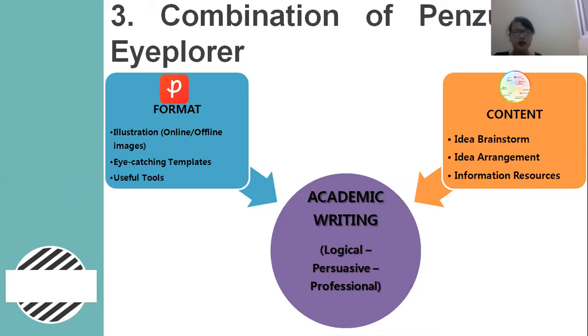While Penzu can take over the designing, iPlorer tends to concentrate on the content, the most important part in writing. Thanks to the relationships between the topics, users find it easier to brainstorm not only main ideas but also supporting ones. In addition, providing sufficient information resources is another strength of iPlorer.